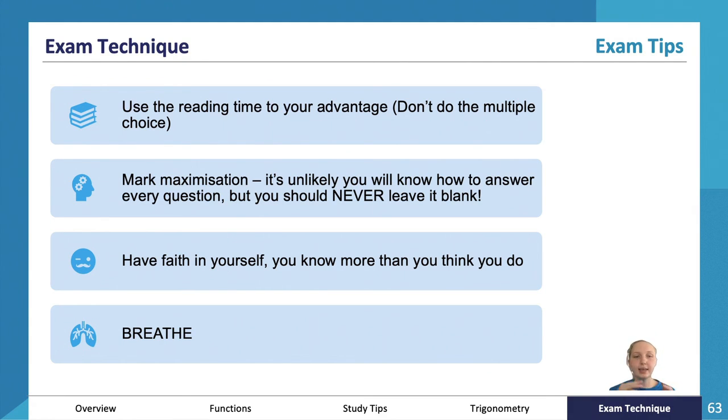Second thing is thinking about mark maximization. So realistically, it's unlikely that you're going to know how to answer every question. That's just a realistic view on sitting exams. So it's important to make sure that you don't get freaked out if you don't know how to answer a question, okay? Because every single person is going to look at that exam and have a question that they didn't know how to answer.